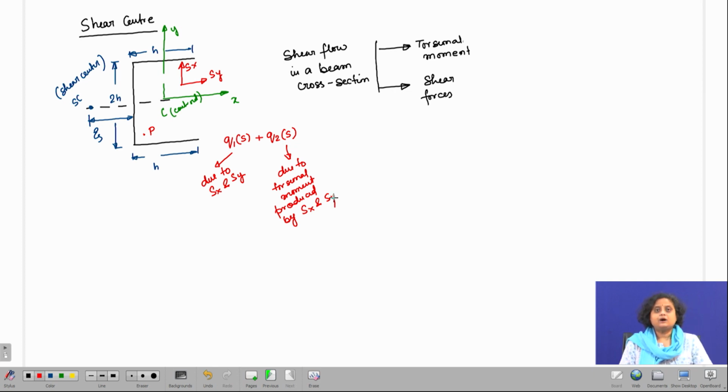So, once you understand this concept, then we can define shear center as the point on the cross section of the beam such that when the shear forces are applied through that point, there is going to be no resultant torsional moment in the cross section of the beam. So, let me write down.